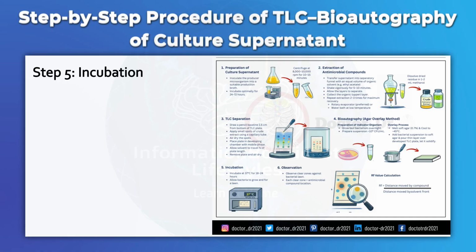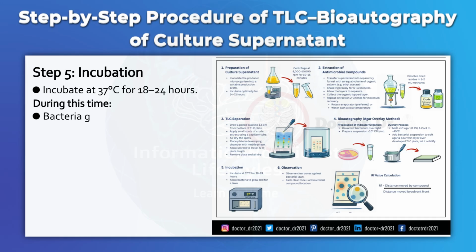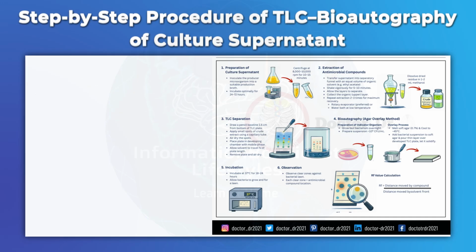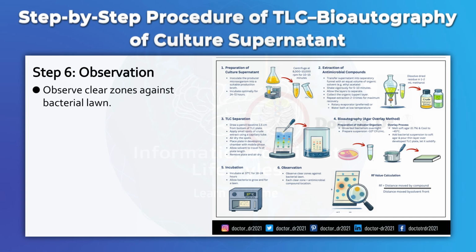Step 5. Incubation. Incubate at 37 degrees Celsius for 18 to 24 hours. During this time, bacteria grow to form a lawn. Antimicrobial compounds inhibit growth around active spots. Step 6. Observation. Observe clear zones against bacterial lawn.